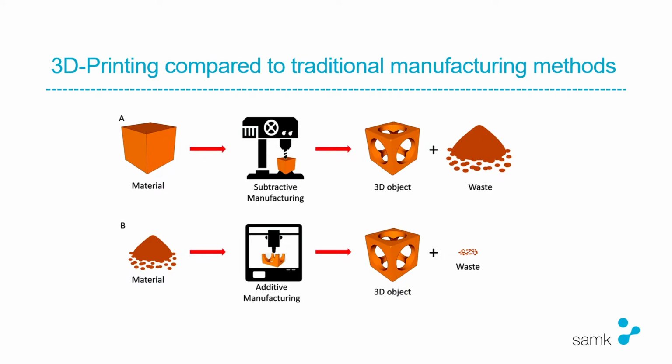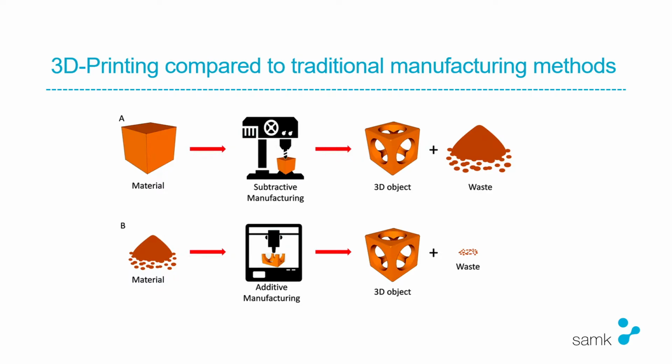And that creates waste. If we look at additive manufacturing, so basically 3D printing, the material isn't in a block form that you have to sculpt or machine into shape. The material is in forms that can be molded into an object.